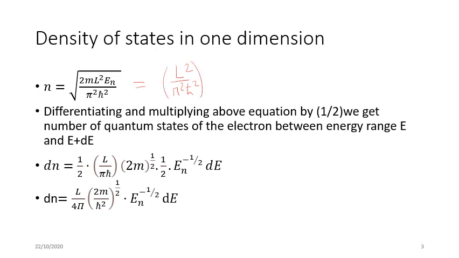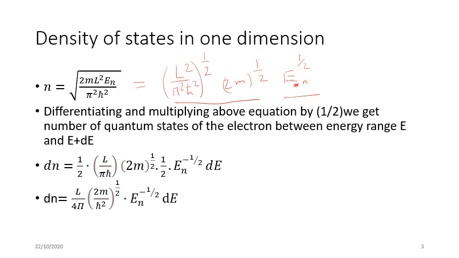I will write it separately: 2m raised to 1/2 and En raised to 1/2, and L squared upon pi squared h cross squared raised to 1/2. These two terms are constant, and the only variable term is E, the energy, which changes when we change n. So we differentiate the above equation.